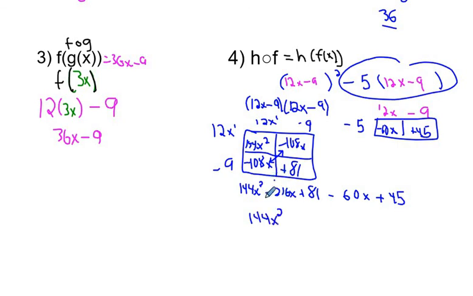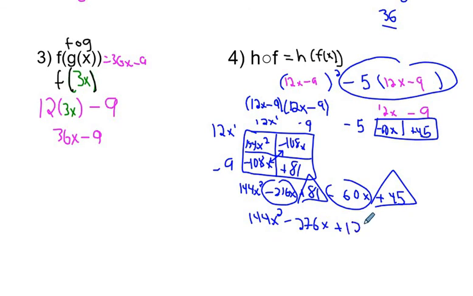I do have a like term with the negative 216 and the negative 60x. So that's going to be negative 276x. And I have a like term here with the 81 and the 45, which adds up to 126. So be careful. Take it one step at a time.